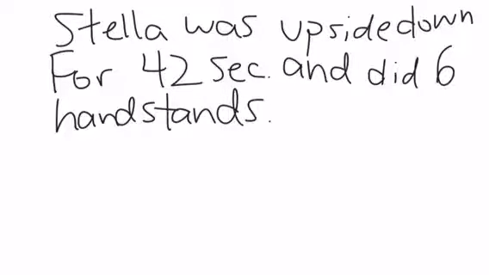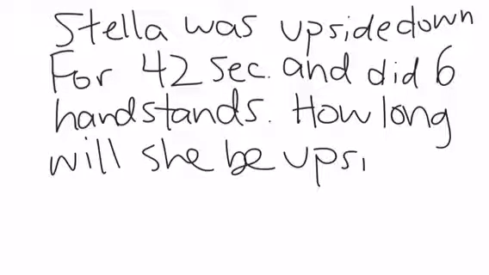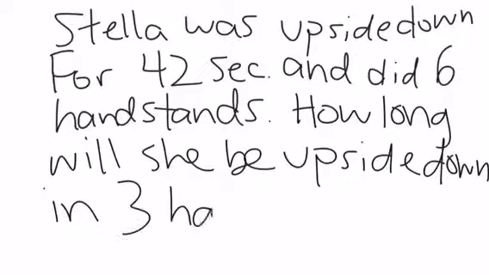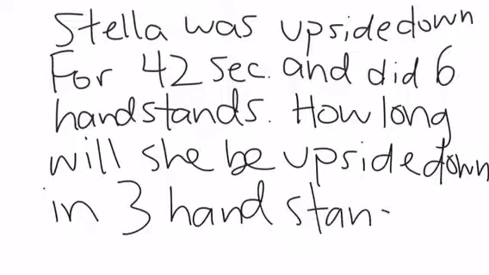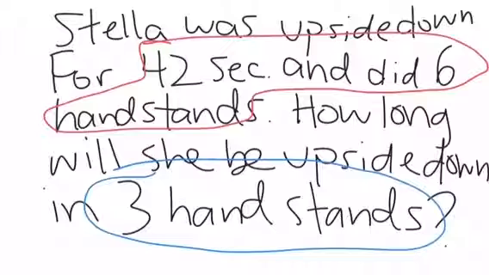Then let's say we're trying to figure out how long will she be upside down in 3 handstands. So we got to first find our base rate. Our base rate is 42 seconds and 6 handstands. So 42 over 6. Then we're looking for the value that we're shooting for, which is 3 handstands.